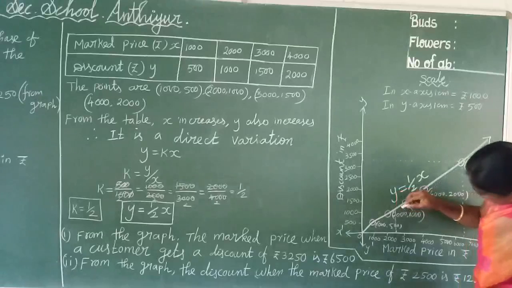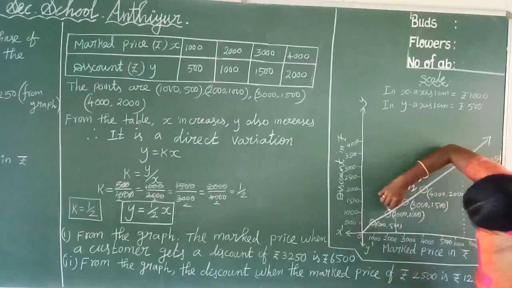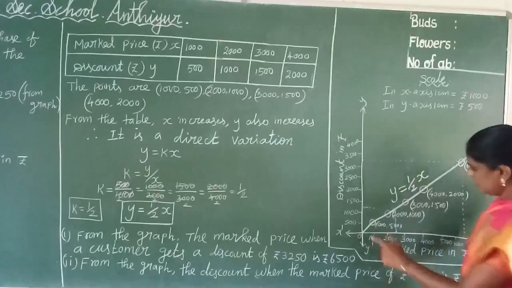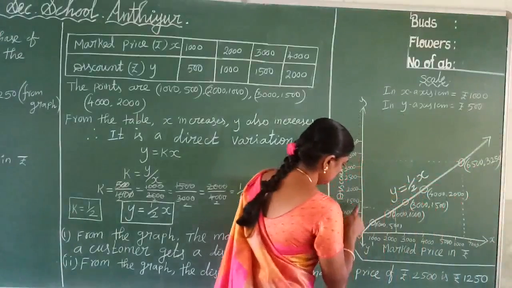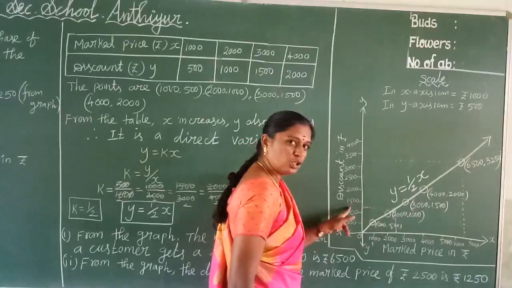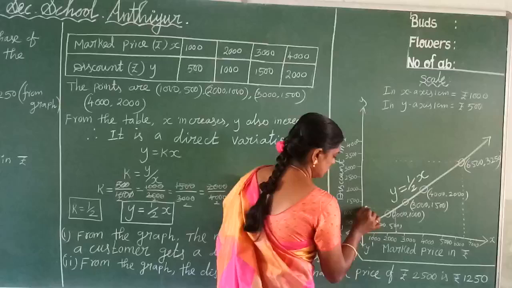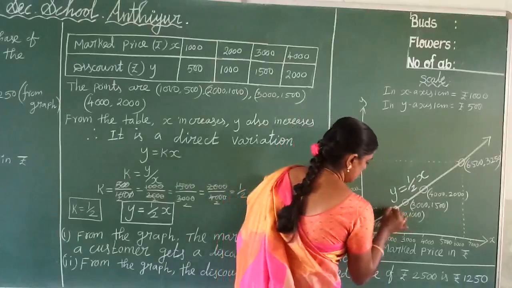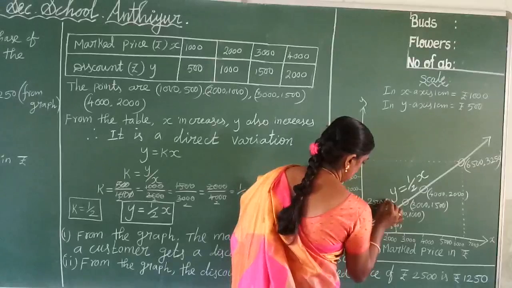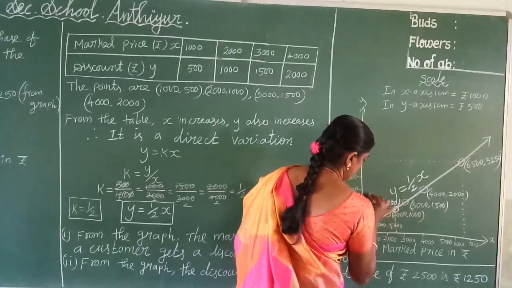Here, where will the discount be? So in between 1000 and 1500. So between 1000 and 1500 means 1250. So this place, 1250. So this one 2500, 1250.